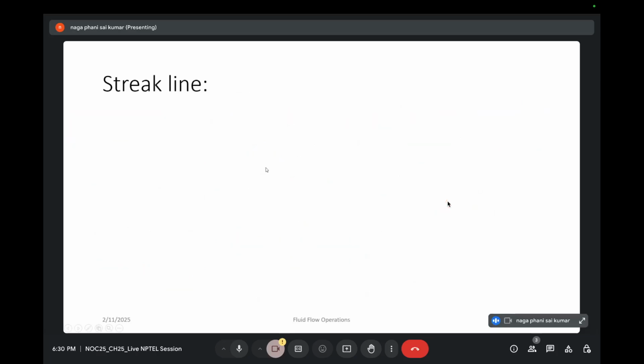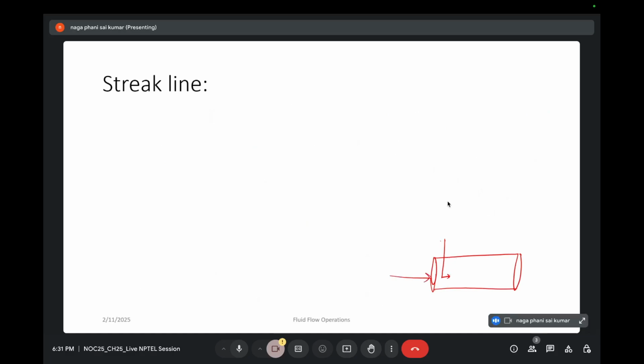Next we have the streak line. Let me draw the diagram first. Let's say we are injecting particles, let's say dye particles. We are introducing dye particles in a flow stream.